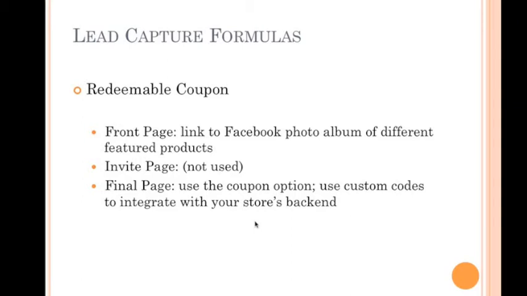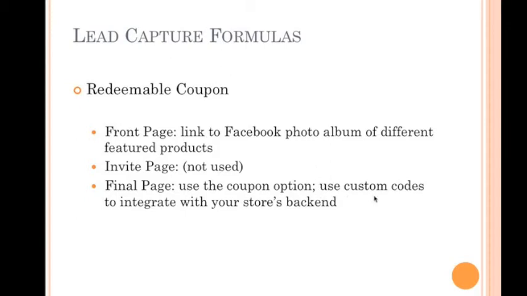Redeemable coupon. We haven't really covered the coupon feature that's available in the app builder, but basically, at a high level, you can link to a Facebook photo album of different featured products. When they select which ones they want, let's say through a custom field, in the final page you can let them have a coupon to get that particular item, let's say 10% off or 20% off.